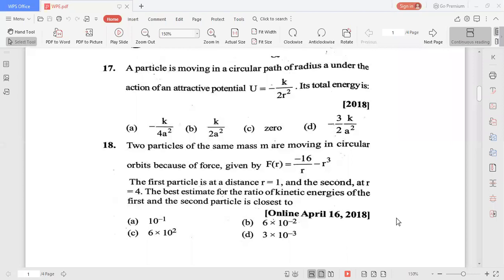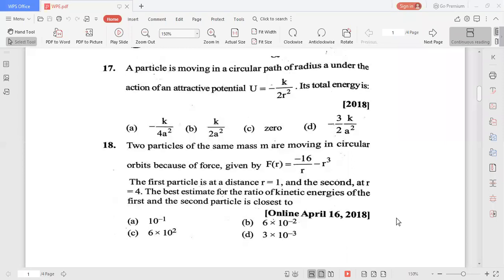Simplify that. K1 by K2 is equal to 17 by 16 plus 256. 4 to the power of 4 is 256. So 17 by 16 plus 256 means 272.